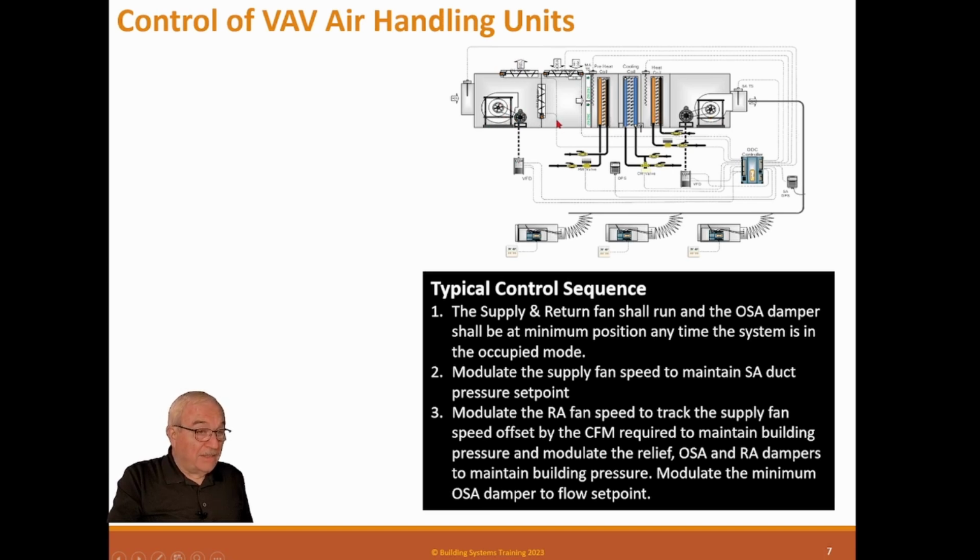It may complicate the sequence a little bit, but it makes it much easier to actually get it in balance. So we're going to set this fan up to do what it needs to do for the supply, and then we're going to have this fan follow this fan with a delta difference in CFM, which equals the outside air requirement. So if this needed 1,000 CFM outside air, we'd set this fan to be 1,000 less than this one and have it track that.